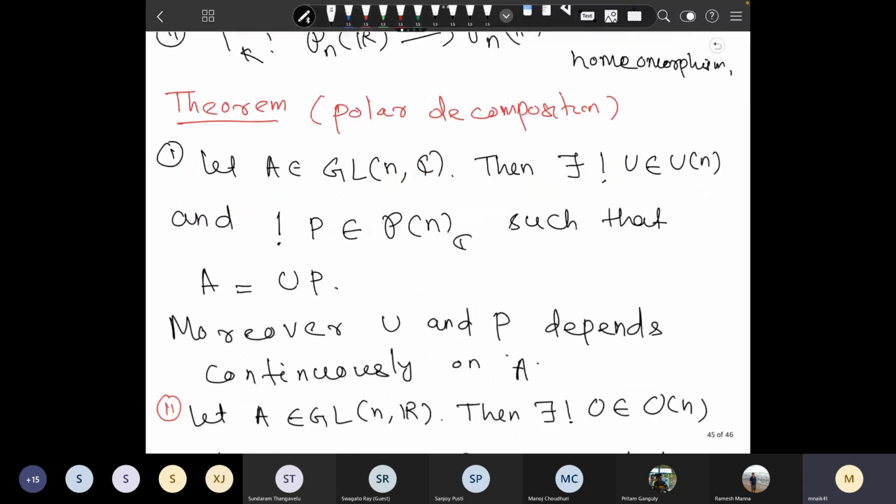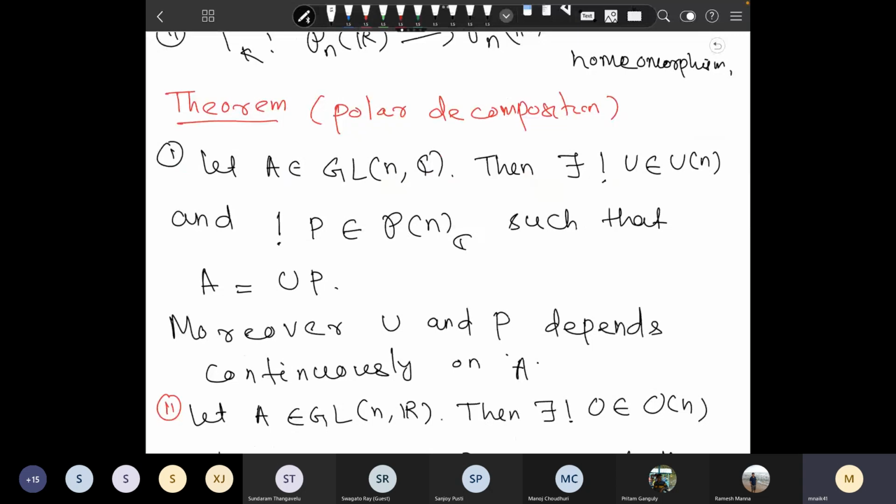So let us first concentrate on the first theorem. This says that A is a complex invertible matrix. Then I can write that A is equal to UP, where U belongs to unitary matrices and P is a positive definite matrix. And this decomposition is unique, and U and P depend continuously on A. So what we will do, we will first prove the uniqueness.